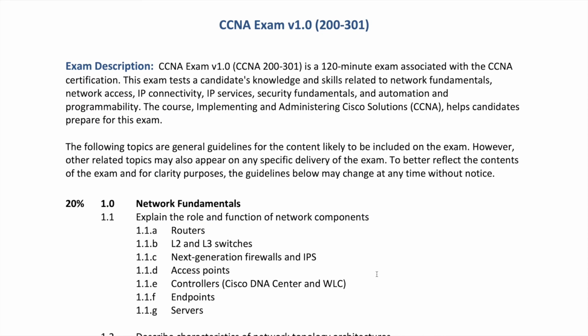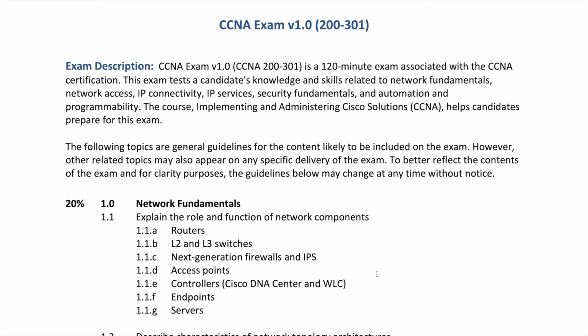So that summarizes our first lecture. We'll go into more detail about layer 2 and layer 3 switches, and also about the access points and the controllers.